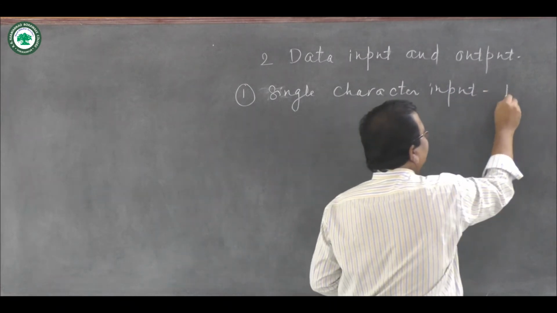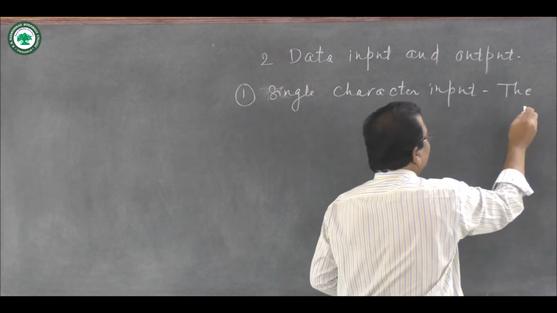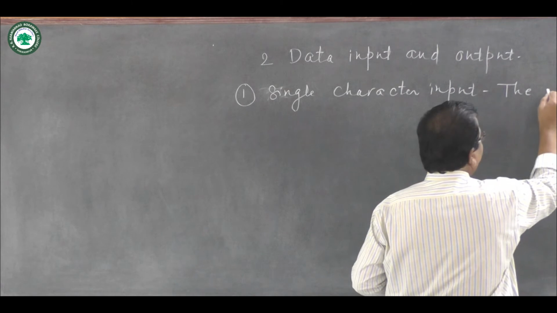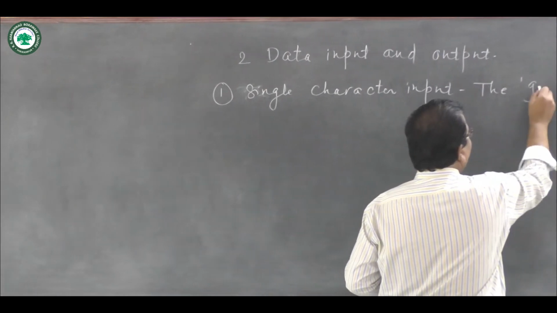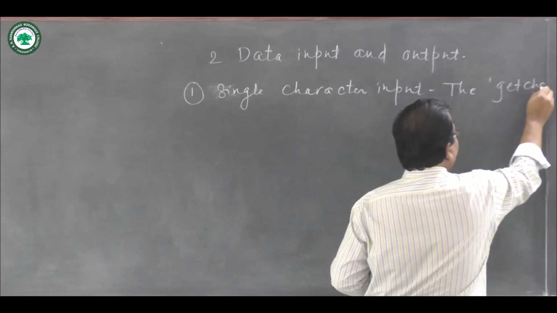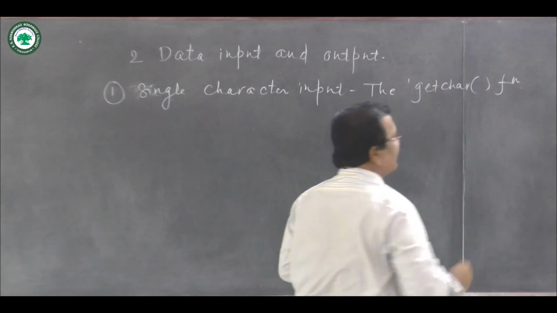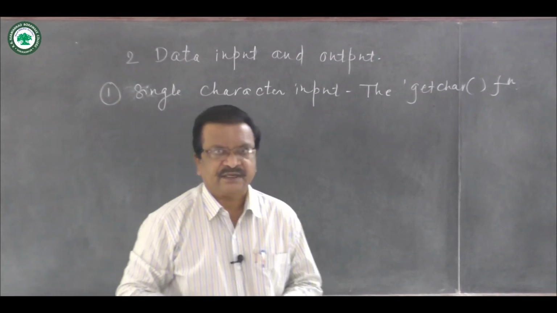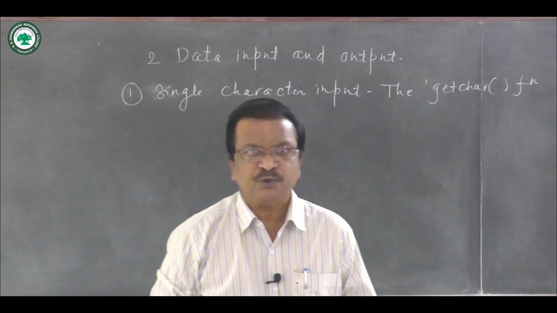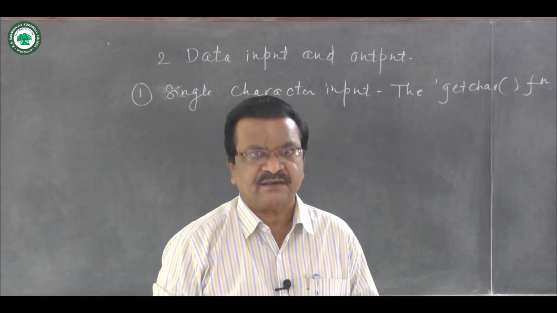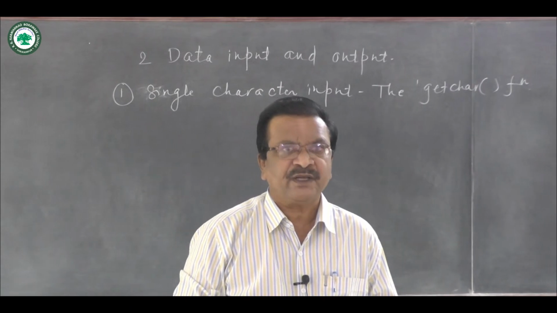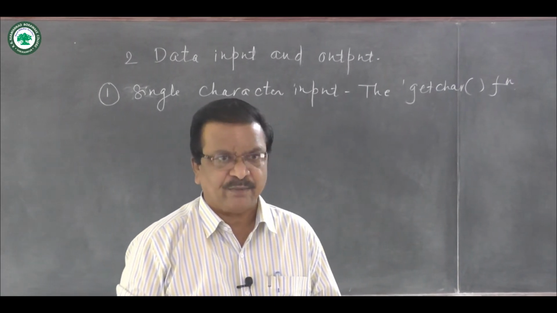The function which is used to enter a single character is the getchar function. The getchar function is used to enter a single character from a standard input device such as keyboard.